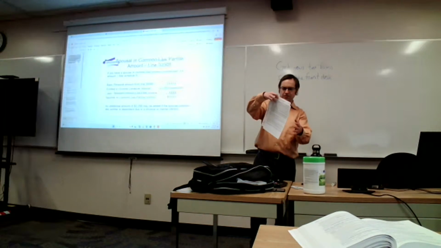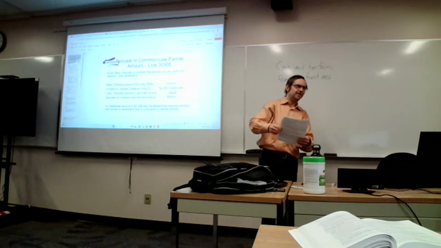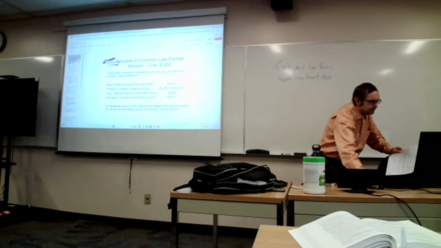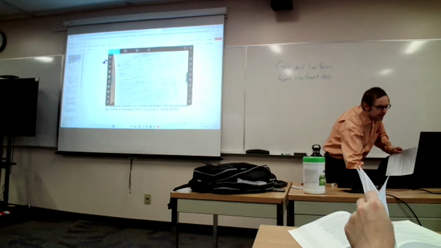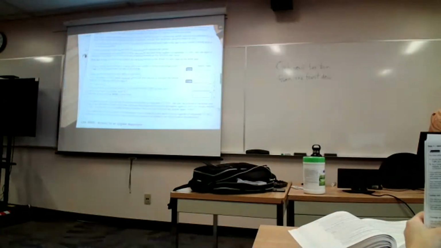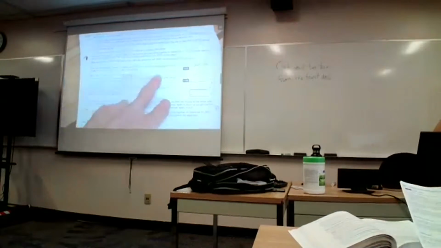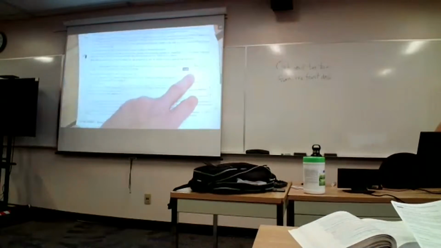If we go to page 2 of our Schedule 5 form, you'll see all that there. You put in your basic personal amount, that'll be the 13,808.